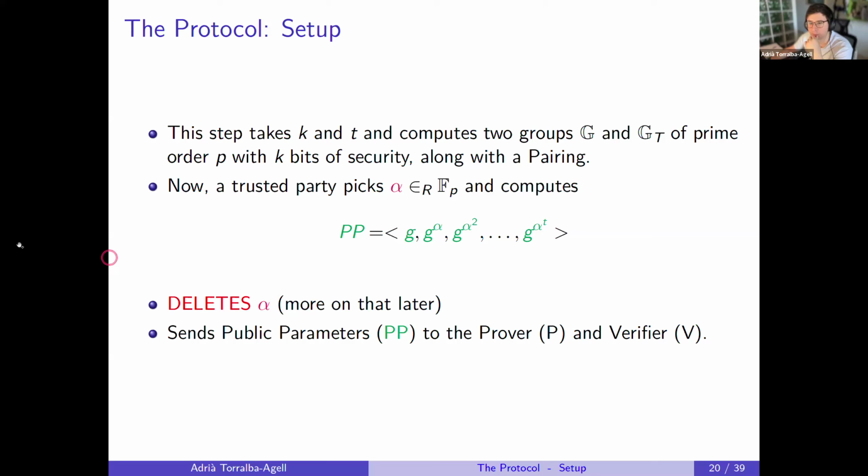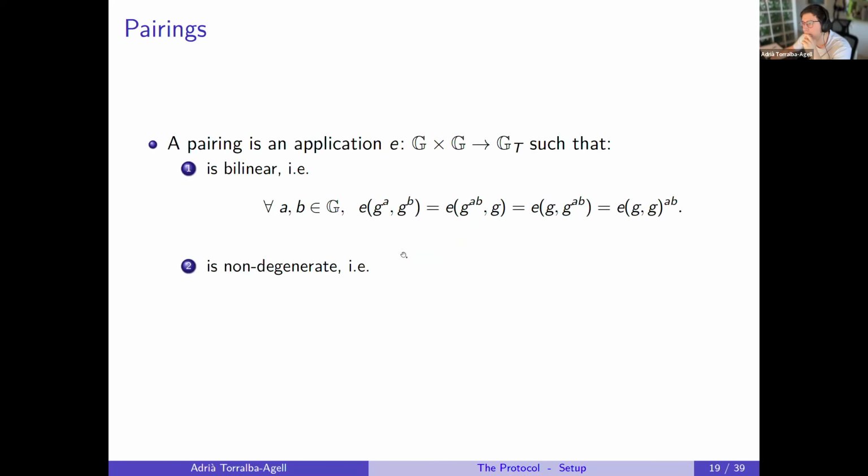Does the pairing property also hold for the multiplication? AG, BG is ABG. Well, in this case, we are working with a multiplication. We are considering the multiplicative group.